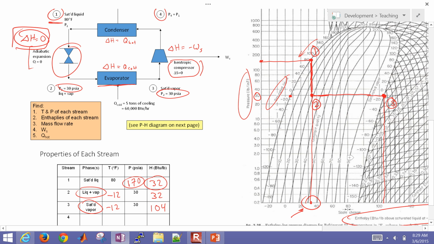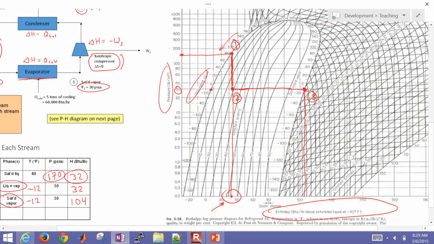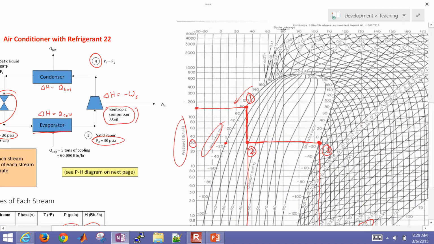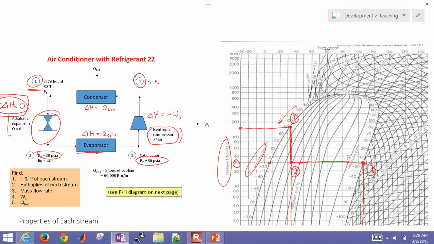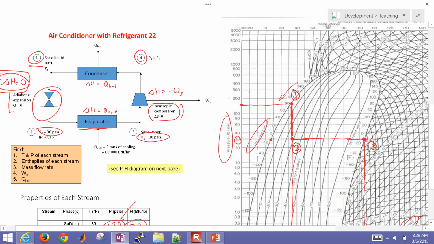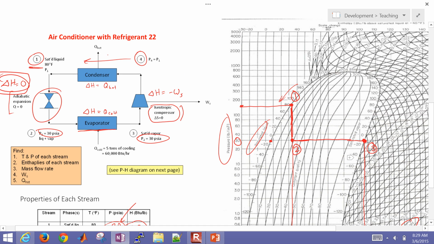Now if we say it's reversible, meaning it's the perfect compressor, has no losses in terms of entropy, then I can follow this constant entropy line as I increase the pressure up to, okay, so the pressure was 170, and I know that there's no change in pressure over this, so isobaric.